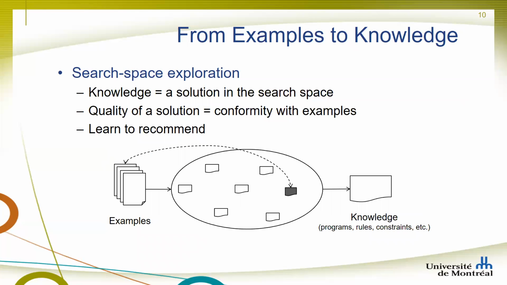The more a solution conforms to the examples, the more chance it has to be selected at the end as a solution. Okay, and then the exploration, as we are using genetic programming, is an evolutionary strategy where we try to generate a solution from existing ones and evaluate how the solutions will come.